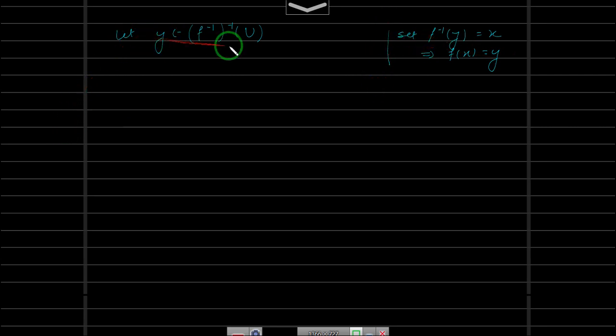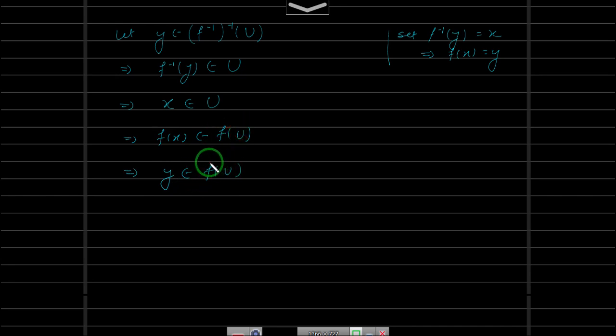Now here, y belongs to the inverse image of u under f inverse. This implies the image of y will be in u, and f inverse of y equals x, so this implies x belongs to u. If x belongs to u, this implies f(x) belongs to f(u), and f(x) is nothing but y, so this implies y belongs to f(u).